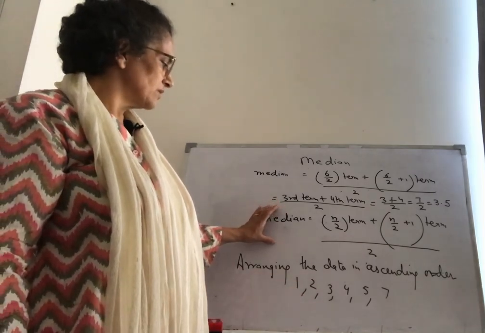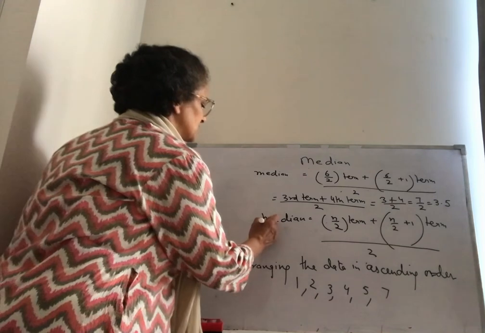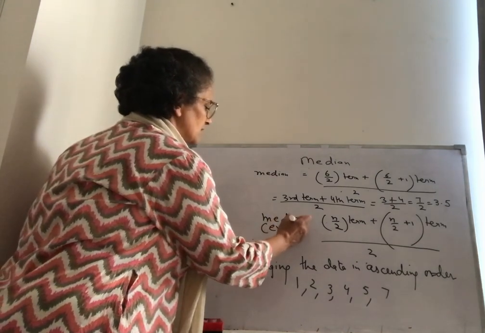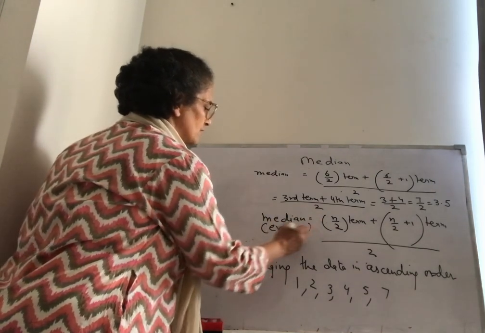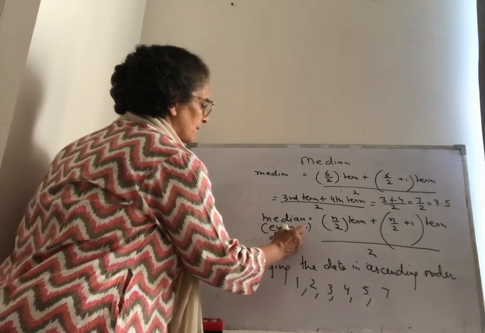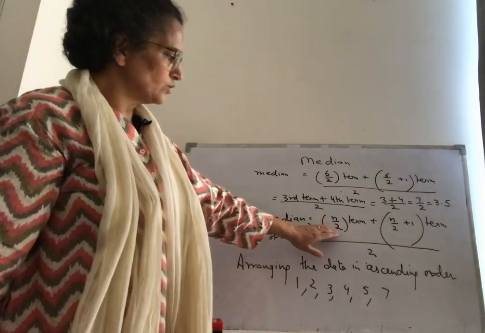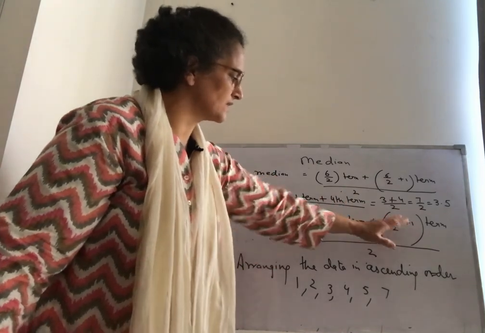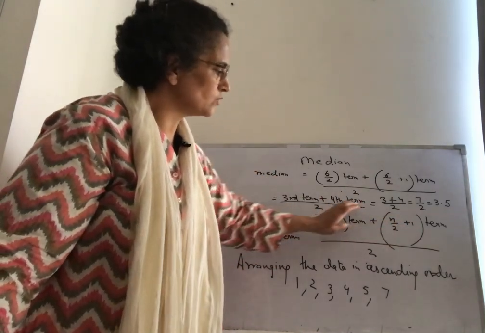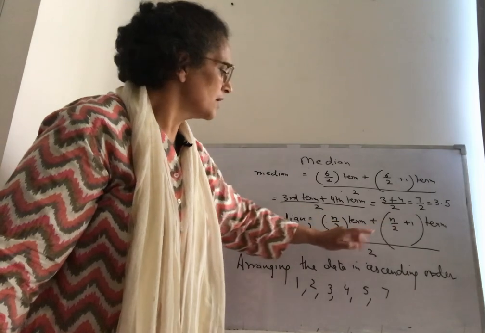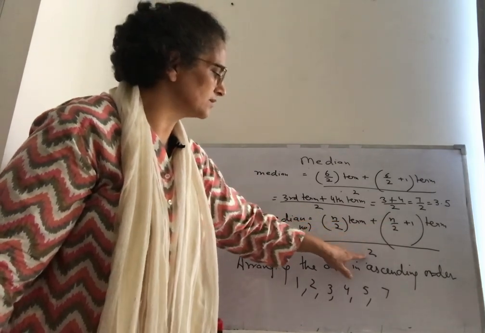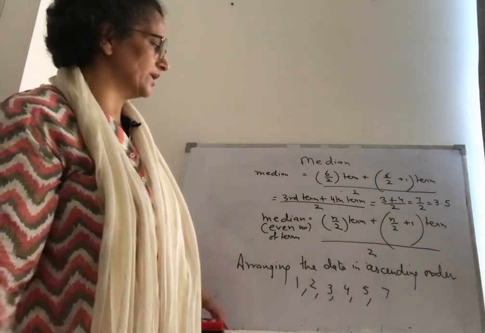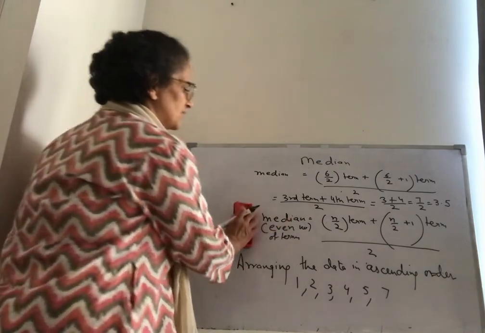For an even number of terms, it is the n by 2 term plus the n by 2 plus 1, that is the next term. Whatever you get here, you add the next term also, and after adding the terms and dividing by 2, you will get the median.